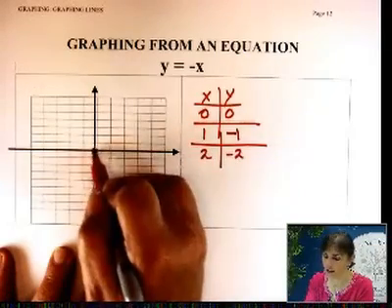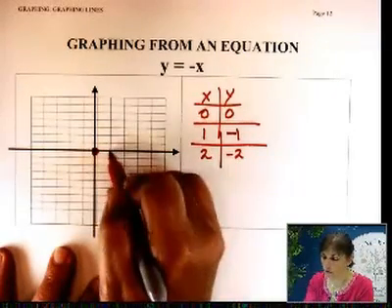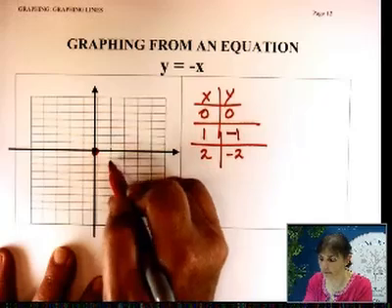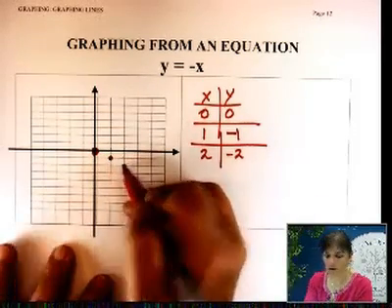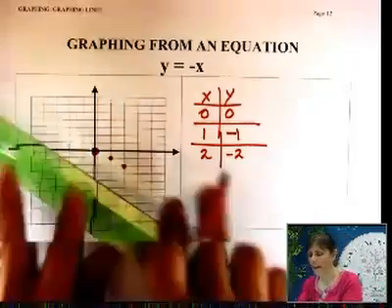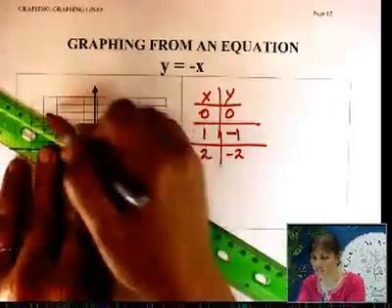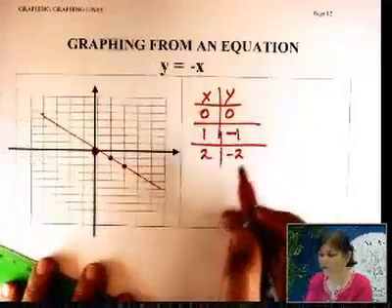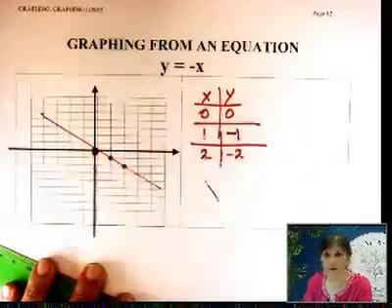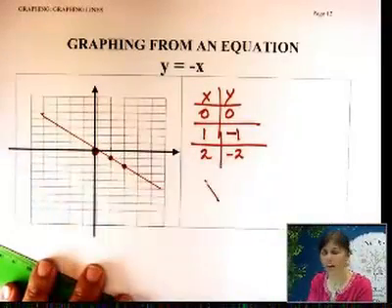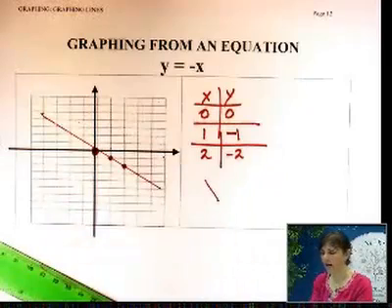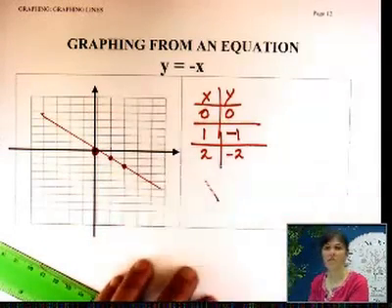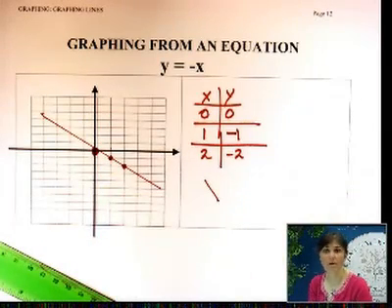Let's put that: (0, 0), (1, -1), (2, -2). What do I get? Again, it's going 45 degrees the other way, and it's going to look like that if you had these two scales matching. So it is a 45-degree line going down. So these are kind of special cases, and we started playing with this, and we're going to do more with the equations in a minute.